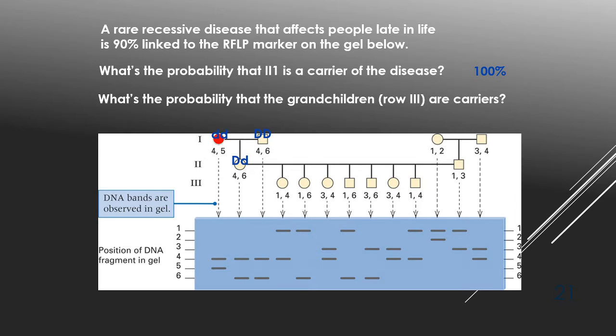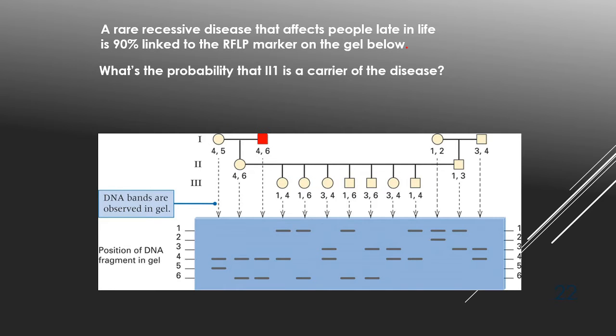What is the probability that the grandchildren are carriers? As you can see, 90% is 1-4, 90% is 3-4. Why are they classified like that? Because they have the same DNA fragment that is observed in the grandmother.